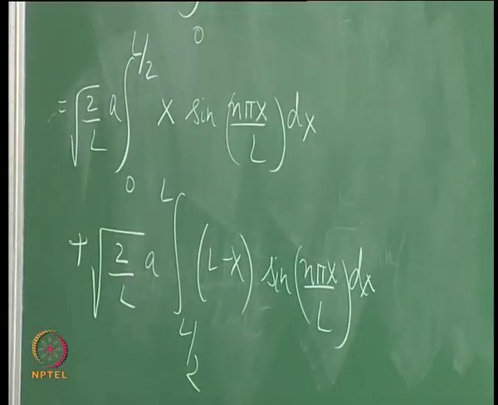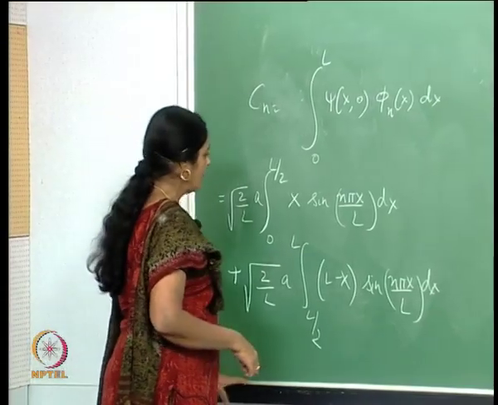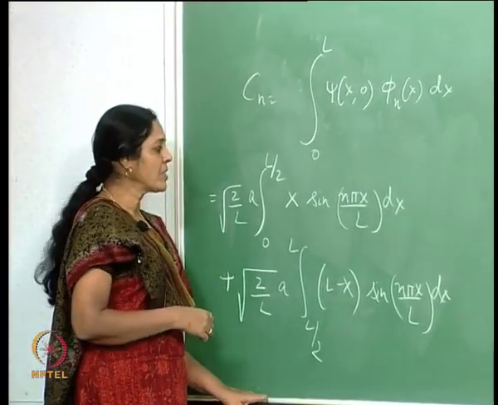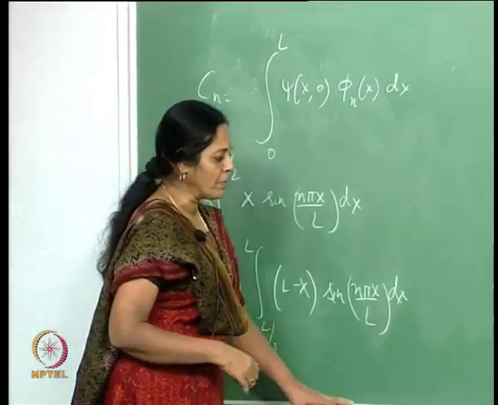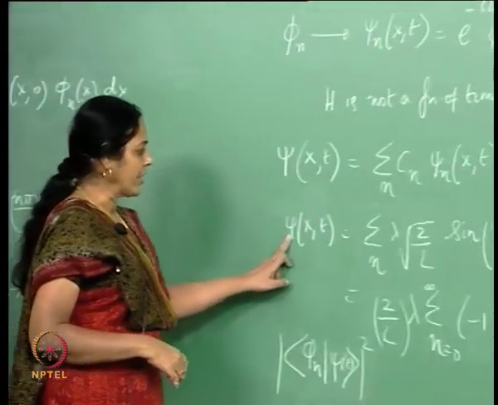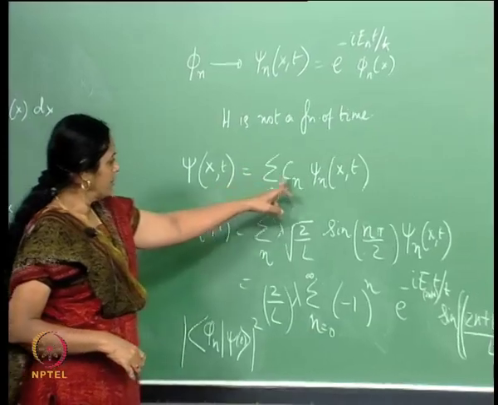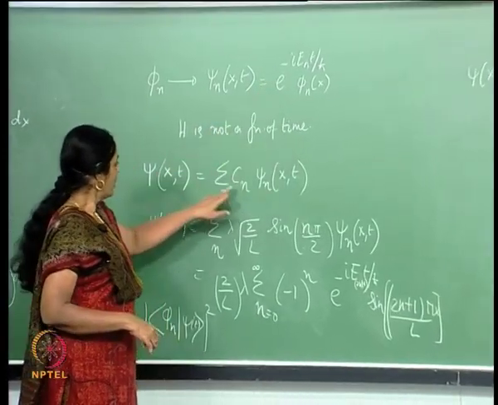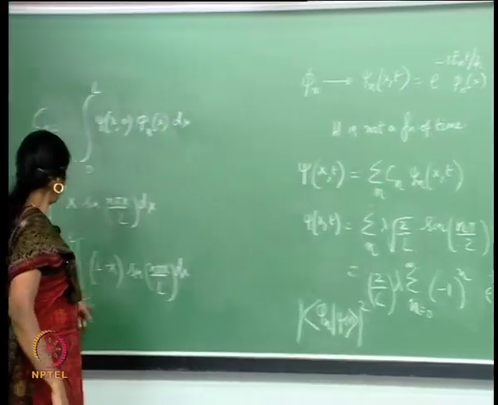So, this is the object that I have to find. This gives me Cn, and I substitute it back and get psi of xt because everything else is known. Psi n of xt is known and Cn's are these.